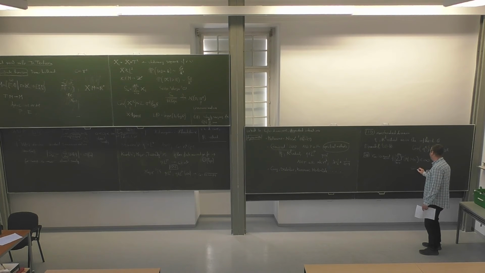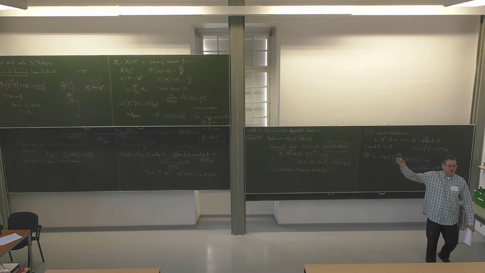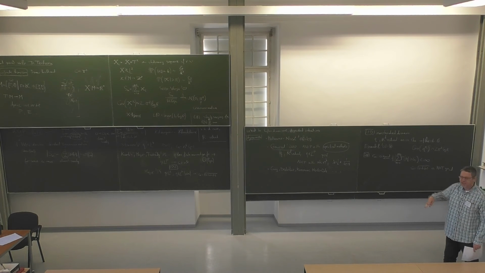It's basically 1 over the square of the rate. So this is diverging, right?